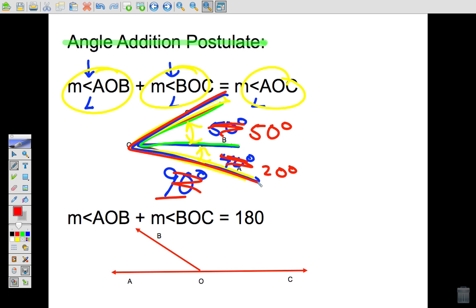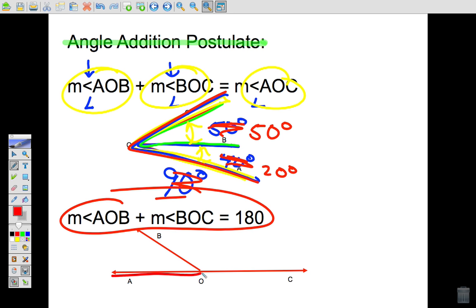Now, down below here, really we have the same example, angle AOB, which might be 45 degrees, plus angle BOC, excuse me. So maybe BOC is, and I'm going to change that here, say that's 40 degrees, we'll keep it simple.